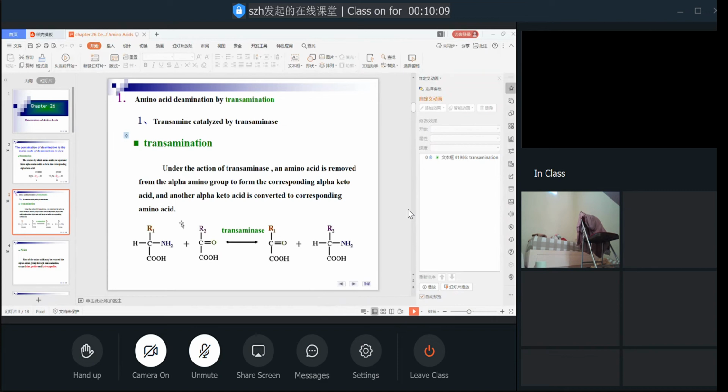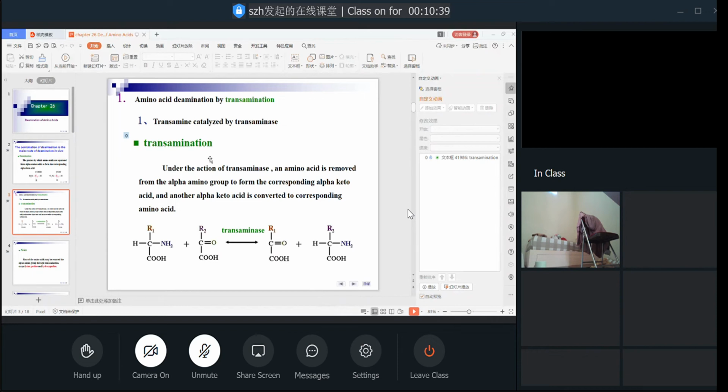This produced another kind of alpha ketone acid. So this is transamination. At the beginning I emphasized to all of you that in vivo, in the body, the combined deamination is the main pathway of deamination.